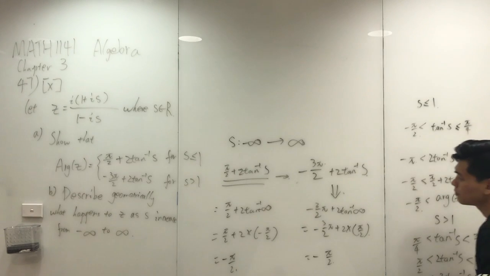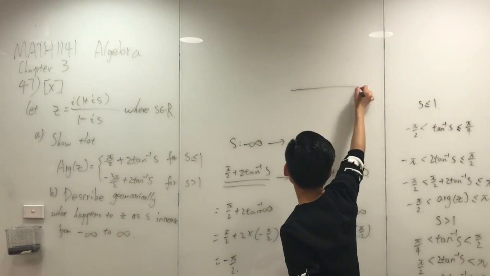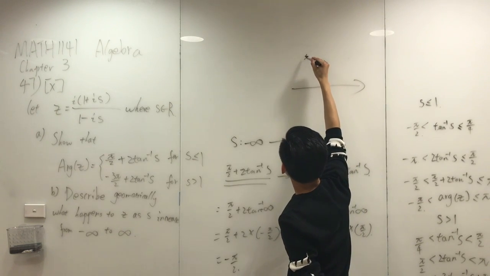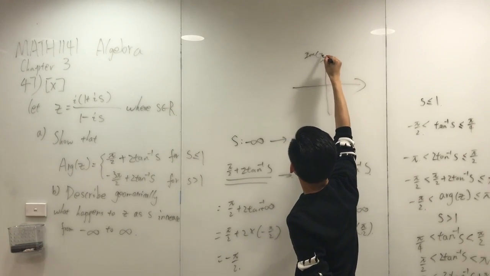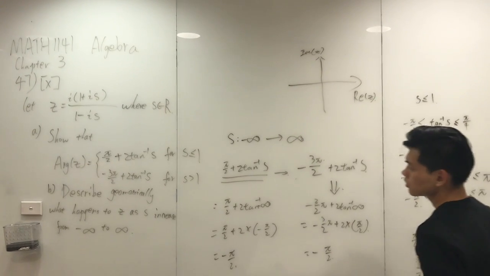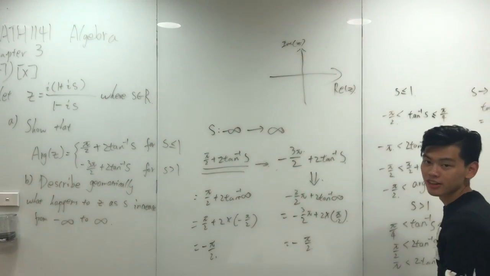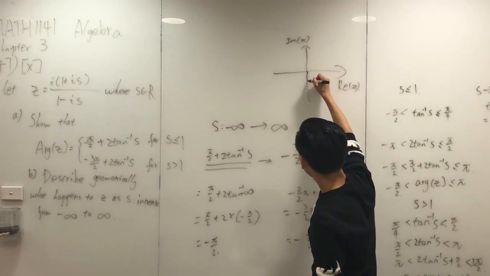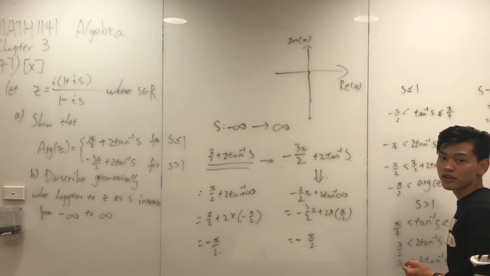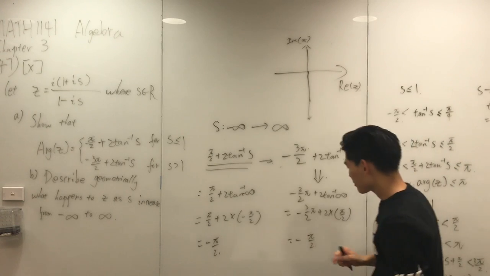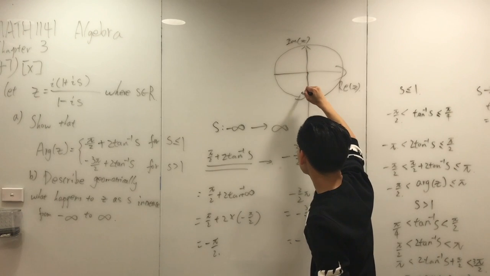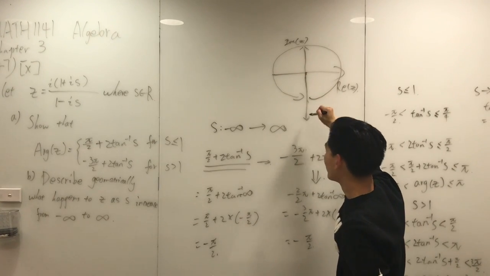So what's happening here? If we just imagine the xy axis or a real number axis, initially when s is negative infinity, which means z is on the imaginary line, and then it goes around anti-clockwise and goes back to this negative pi/2 line again.